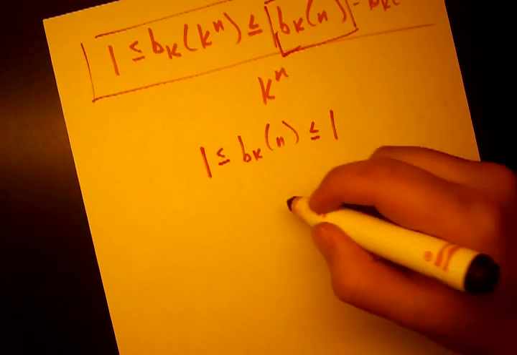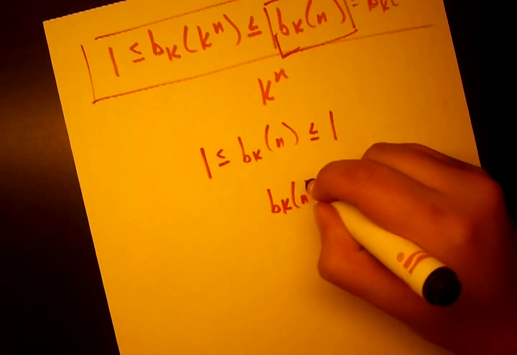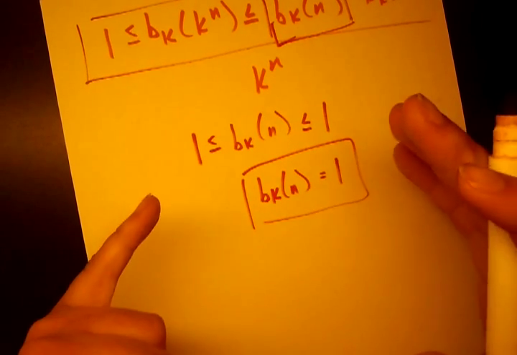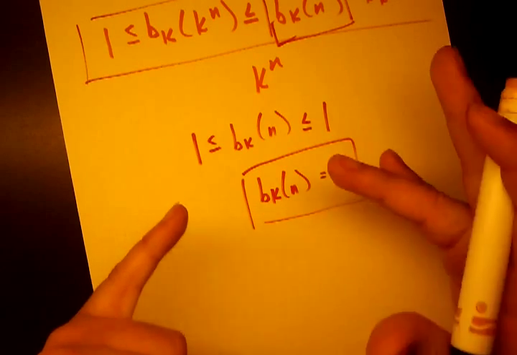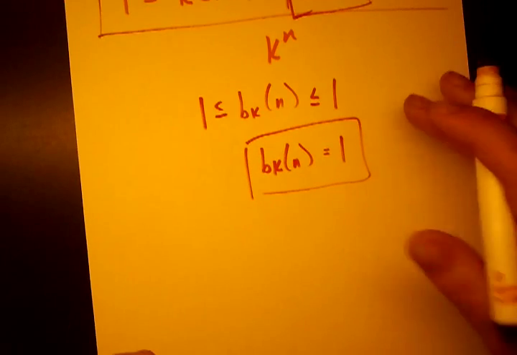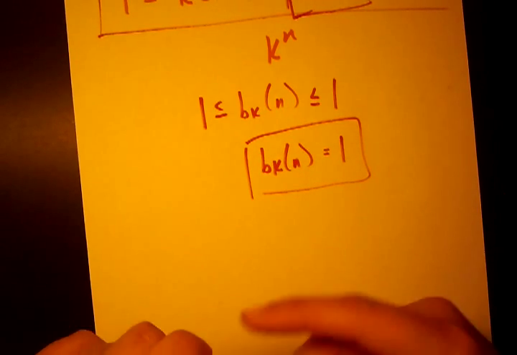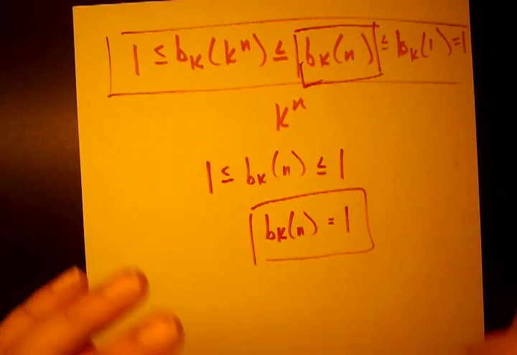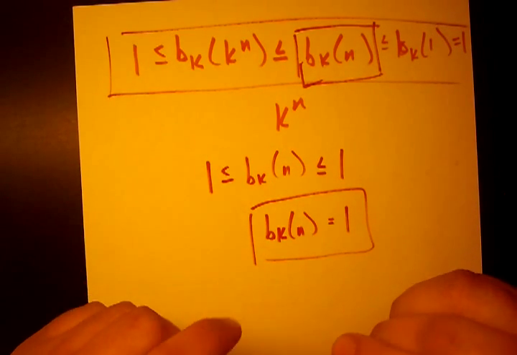And that is enough to prove that b sub k of n equals 1, because we've sandwiched it between the same number. So it only has one choice that it can possibly be. So we've proven the basis representation theorem, which many think is a pretty obvious theorem, but in number theory we have to prove everything from the start. So it's a pretty good result.